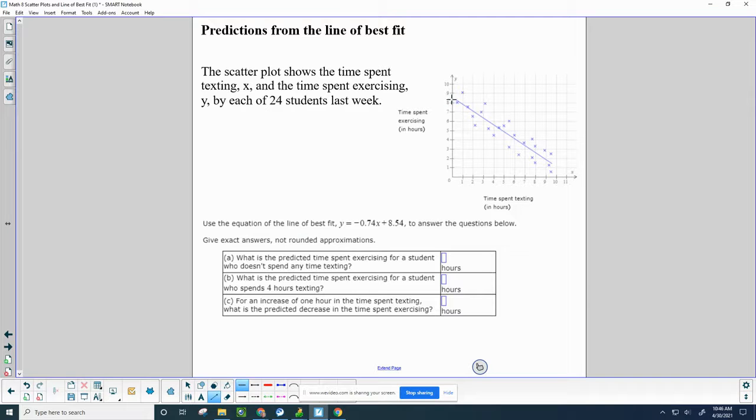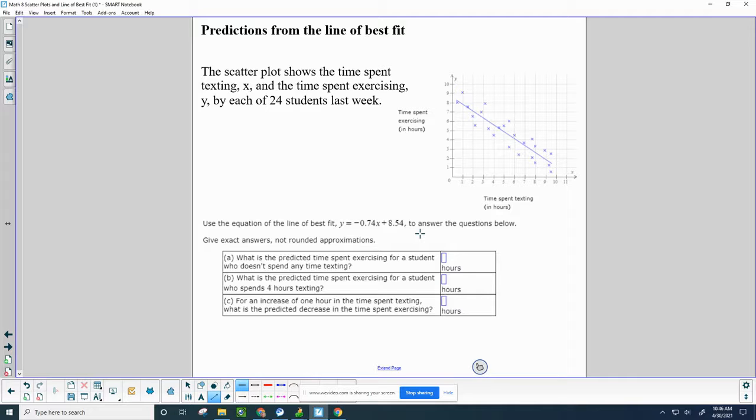We drew a line of best fit that goes down through the data, and the line that we came up with is y equals negative 0.74x plus 8.54. Those are decimal numbers, so they look a little bit intimidating, but if we need to calculate something, we have a calculator, we can do it. So we're going to answer some questions now.